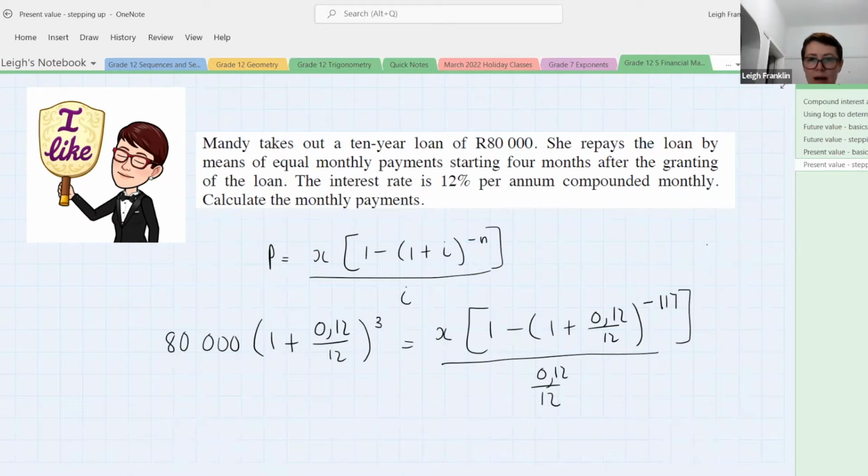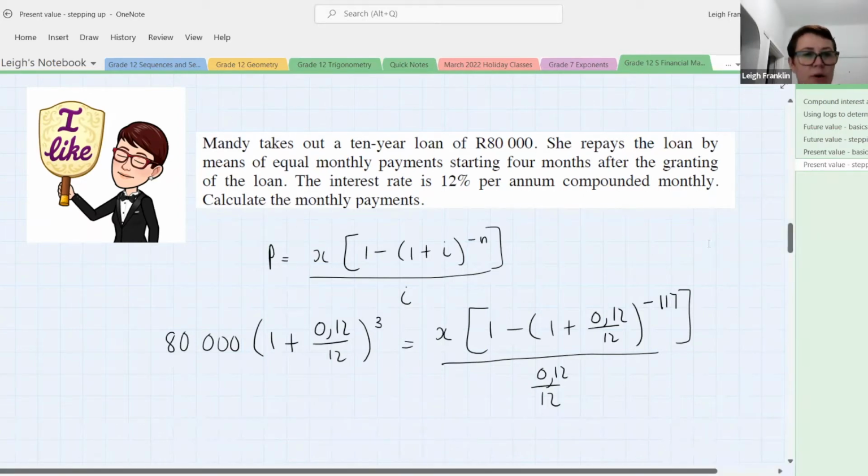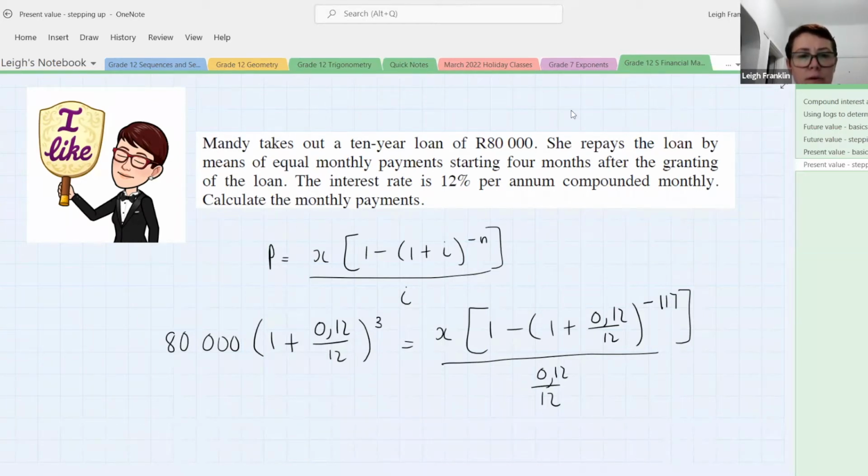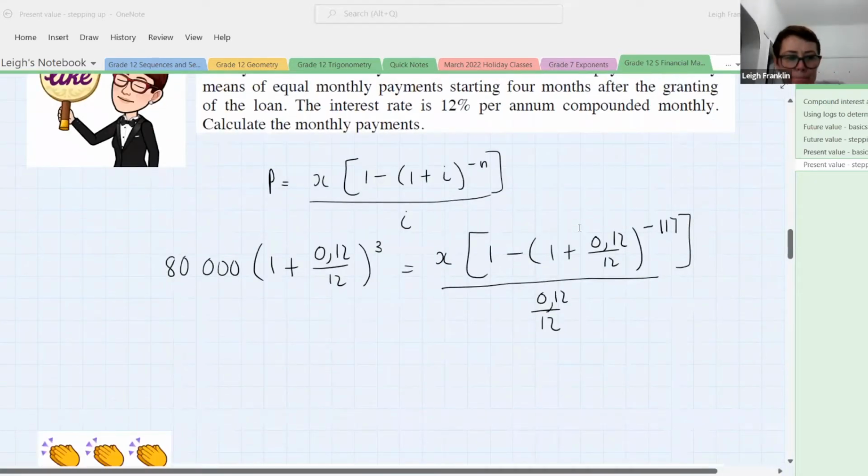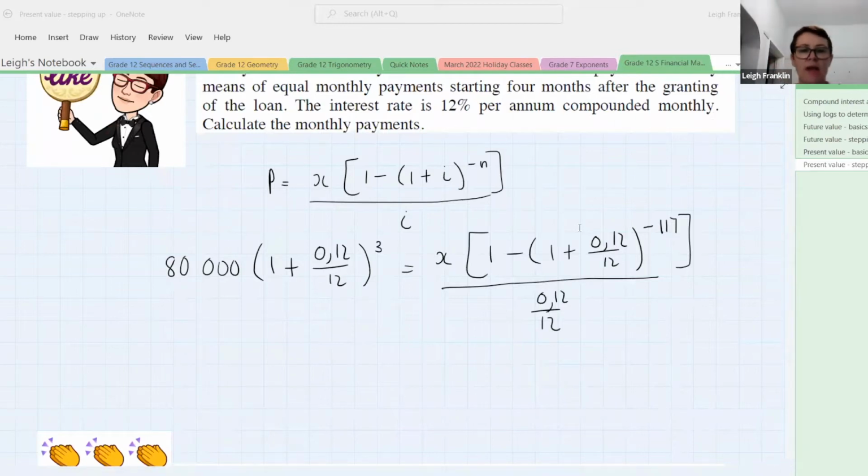All right, so that's how I did it. Does that make sense, everybody? Okay. And then, of course, in order to be able to solve for x, you've got to cross multiply and then divide by the square bracket.